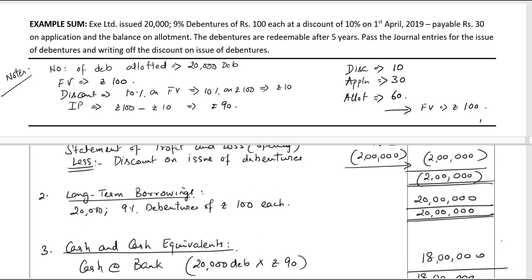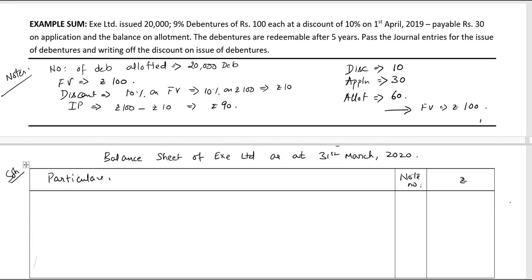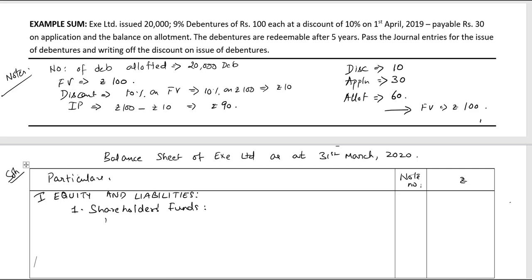Let's go on top and complete the balance sheet. We have Roman number 1, equity and liabilities. One is shareholders' funds. Under that, A is reserves and surplus. Against note 1, it's a negative 2 lakh rupees.